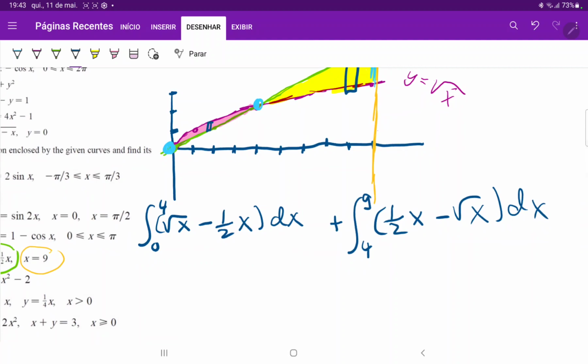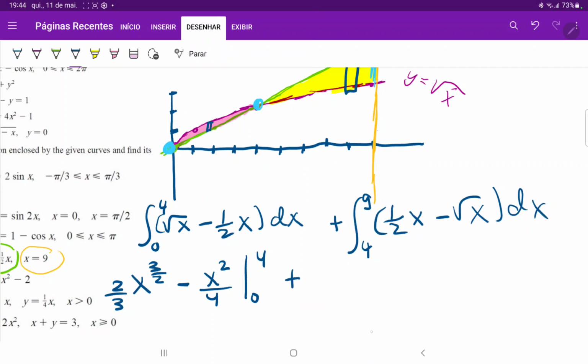So let's integrate it. It's pretty simple with just the reverse power rule. So this is x to the 3/2 times 2 over 3, minus x squared over 4, from 0 to 4.